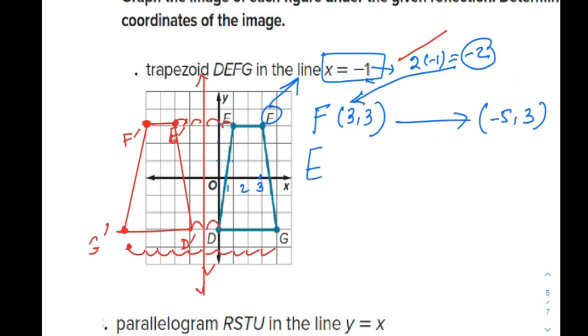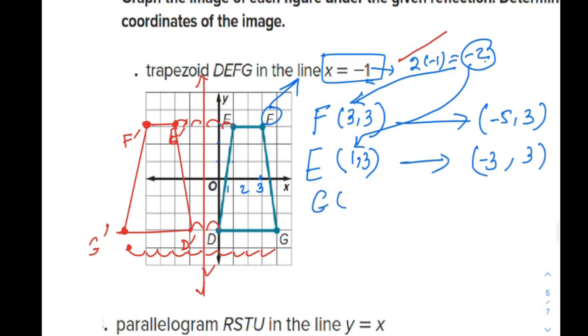Again, let's see E. E is 1 and 3. Reflection will keep the Y since we are reflecting using X. Multiply by -2, then -2 minus 1 is -3. So we mixed the F and the E. Now it's -3, 3, right? G originally was at 4 and 1, 2, 3 at -3. Reflection will lead to G prime.